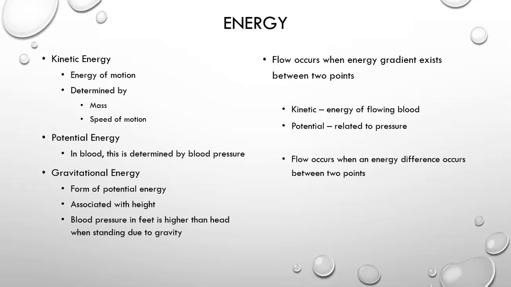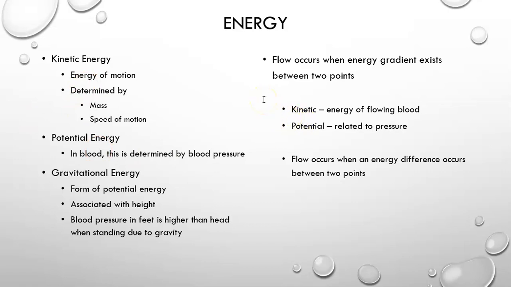It works out to be about 32 millimeters of mercury per foot of height when a person is standing. So if you're 6 foot tall, you'd multiply 32 by 6, and that would tell you how many millimeters of mercury pressure is on your feet just from gravity alone.